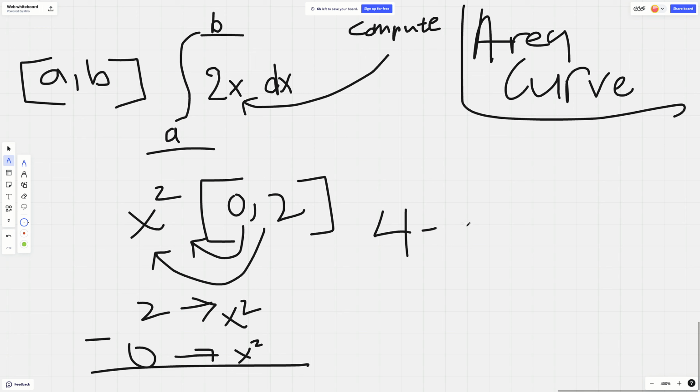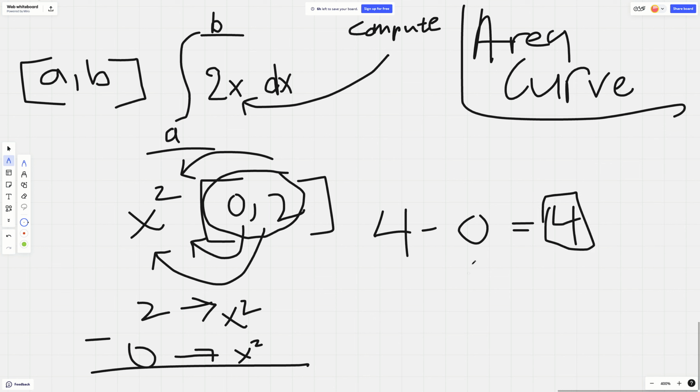So this is literally just x squared when we plug in 2 minus x squared when we plug in 0. We're literally plugging in these two endpoints in for x squared, right? Our antiderivative or our integral of our function f of x. Now 4 minus 0, as you probably know, simplifies down to 4.